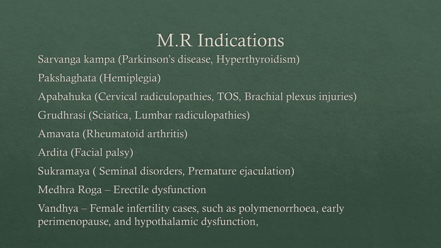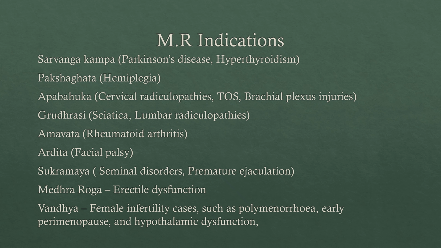Based on the indications given for Maharashnadi Kashaya, we can deduce many pathological conditions which are similar to those indications. For example, the indications given are Sarvanga Kampa, Pakshaghata, Apabahuka, Gridhrasi, Amavata, Ardita, Shukramaya, Klaibya, and Vandhya. Sarvanga Kampa can be correlated to Parkinson's disease, or in hyperthyroidism also there will be Sarvanga Kampa, and it is due to Kevala Vata or Vata associated with a little bit of Kapha.